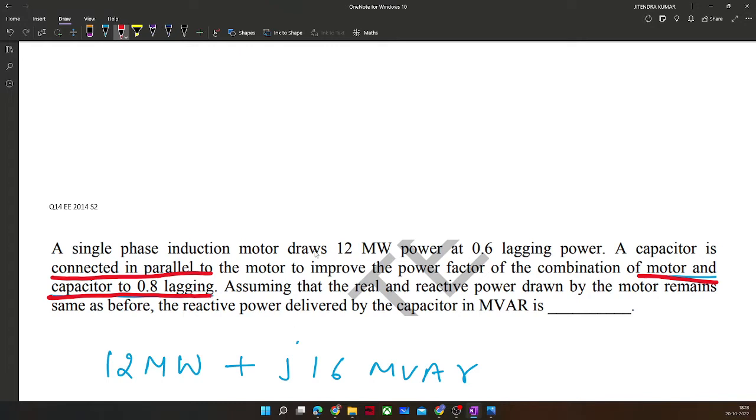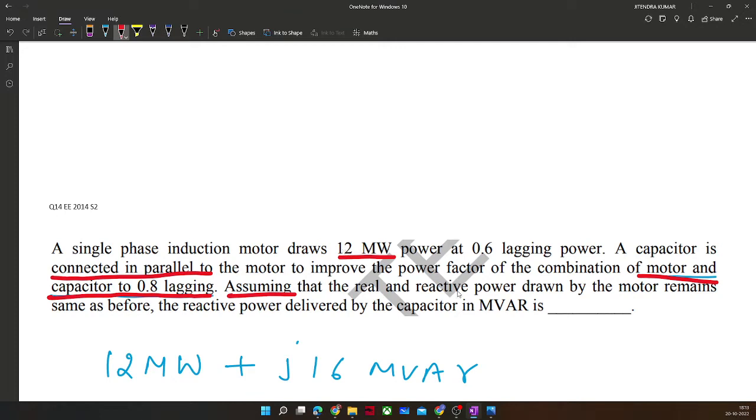So now it is assumed that the real and reactive power drawn by the motor remains the same as it was drawing earlier. Okay. So real power will still be 12 megawatt and reactive power will still be whatever was drawn initially from the source, that will be the same.